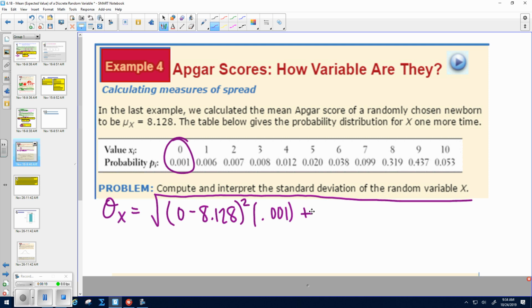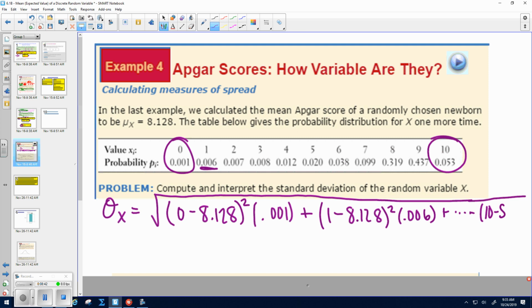Now I do the next data point, which is 1, minus the mean, 8.128, squared, times its probability, 0.006. Okay, now I can do my dot, dot, dot, and now I'm going to try to squeeze this last one in right here. So I'm going to do 10 minus the mean, 8.128 squared, times its probability, 0.053.